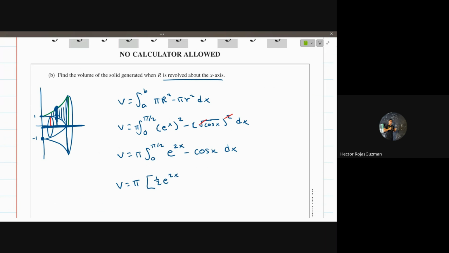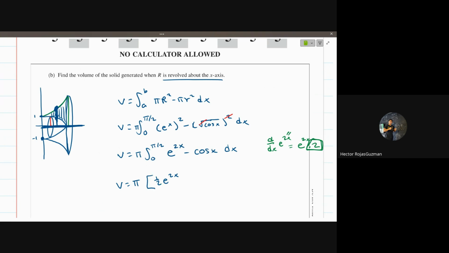And I told a couple of you this little trick. Think about taking the derivative of e to the 2x. What do you get? You're going to get e to the 2x times 2. So when you're taking an antiderivative, you can think of the same way, but instead of multiplying by the derivative of u, we're going to call this u, you're going to multiply times the reciprocal of the derivative of u.